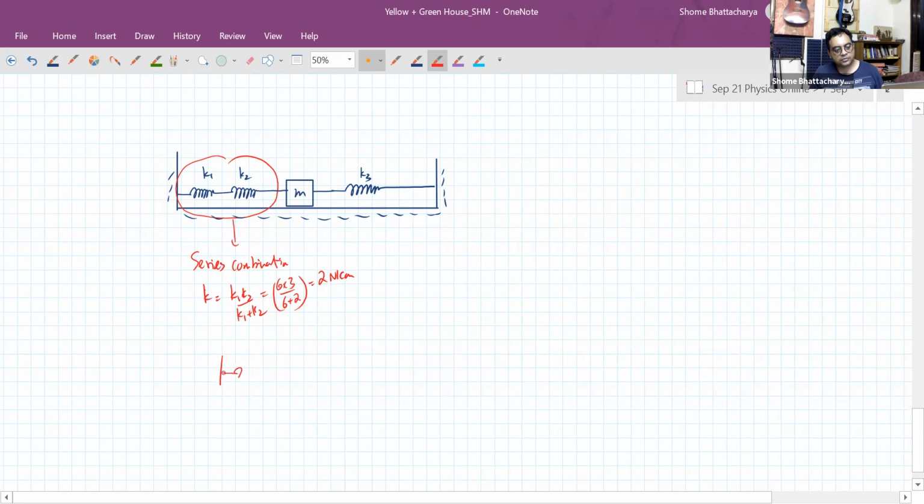So next step, replace that combination of K1, K2 with a single spring of K. And now you can see that the equivalent spring constant becomes K plus K3.